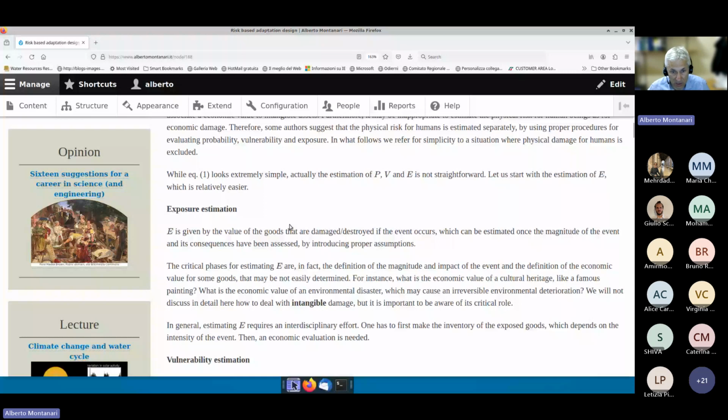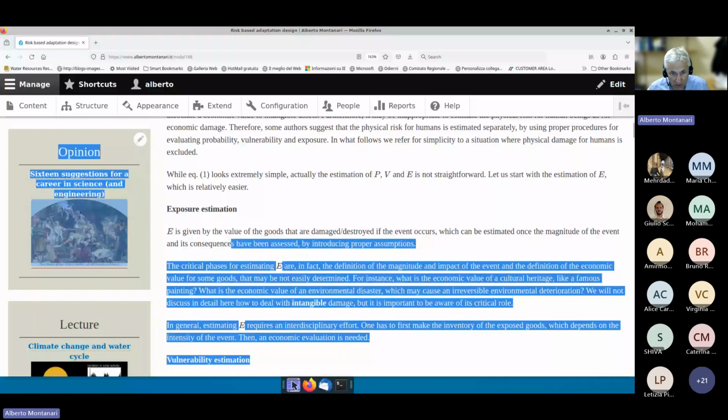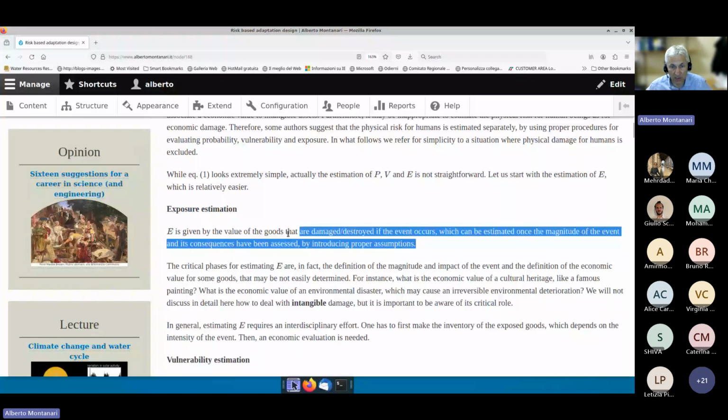E is given by the value of the goods that are damaged, destroyed if the event occurs. And the value of the goods can be estimated once you specify the magnitude of the event.